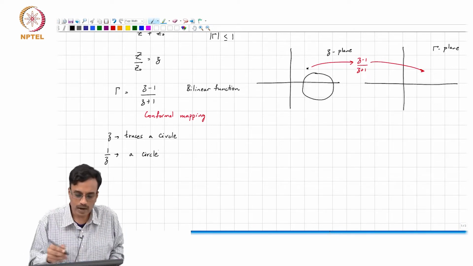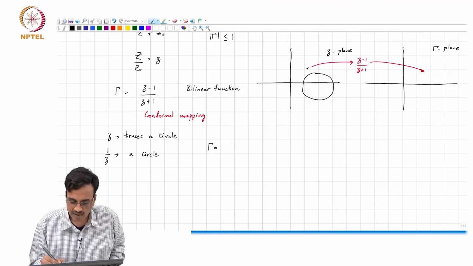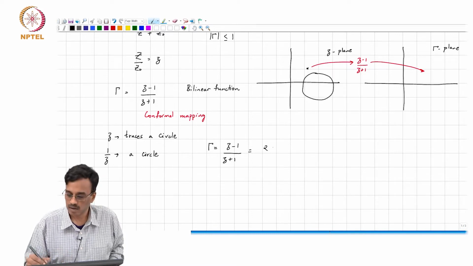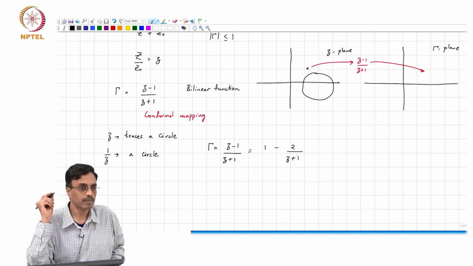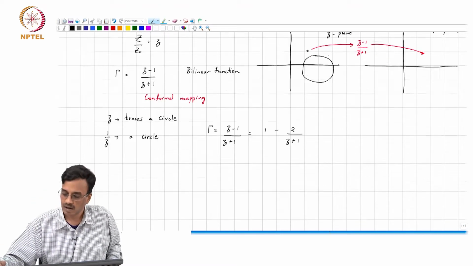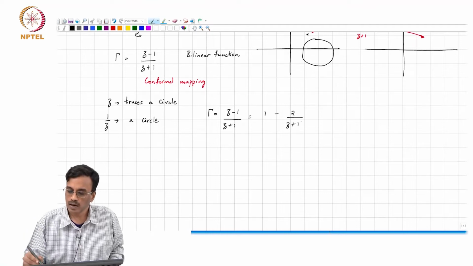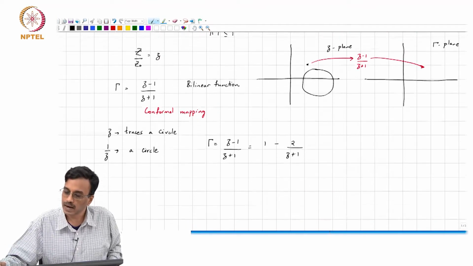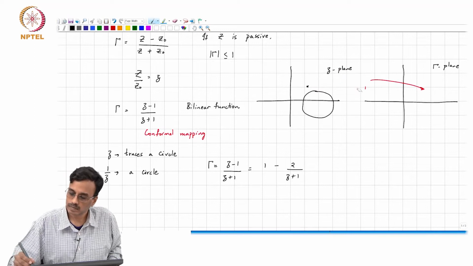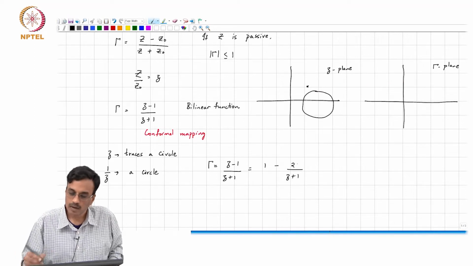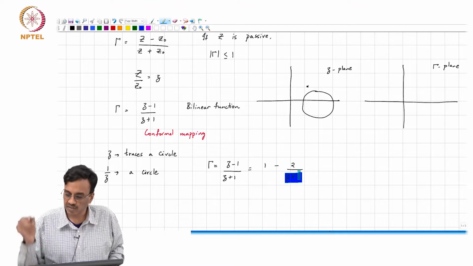Then it's easy to see why this gamma, when you compute z minus 1 by z plus 1, can be written as 1 minus 2 over z plus 1, correct? And so you can think of this the following way. If, let us say, you had a circle in the z plane, right? Okay. How does z plus 1 look?